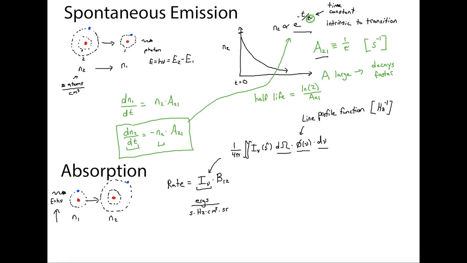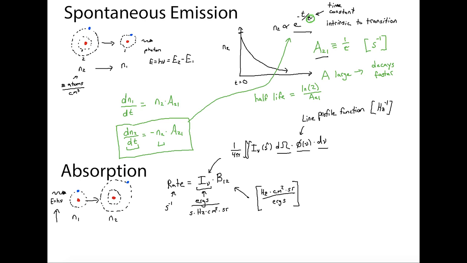And we know that the units of rate are going to come out to be inverse seconds, which tells us that this Einstein B coefficient is going to have some funny units. Its units are going to be hertz times centimeter squared times steradian over ergs. But critically, it doesn't have the seconds in there, so that when we multiply these two, it leaves a seconds in the denominator. So these are the units of an Einstein B coefficient.